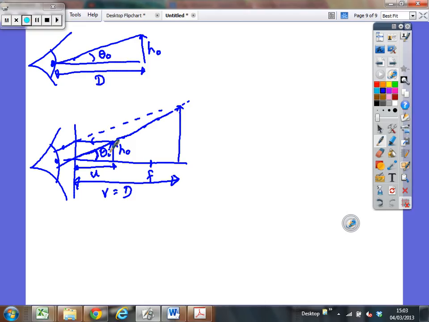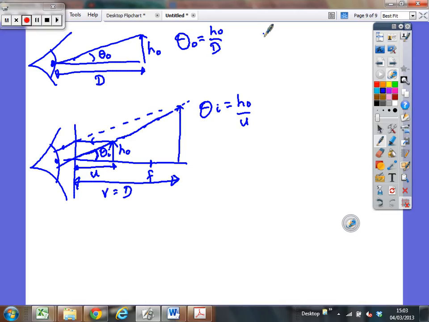If this angle is small, then theta naught is equal to h naught over d, and again, if this angle is small, then theta I would be equal to h naught over u. It just comes from simple trigonometry.